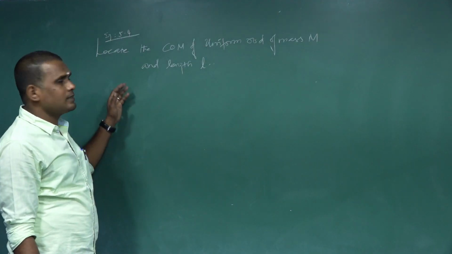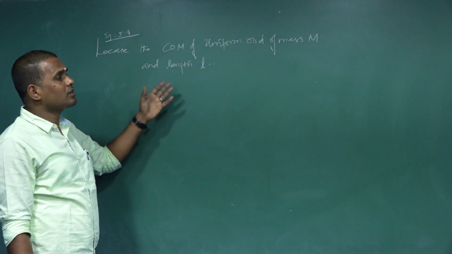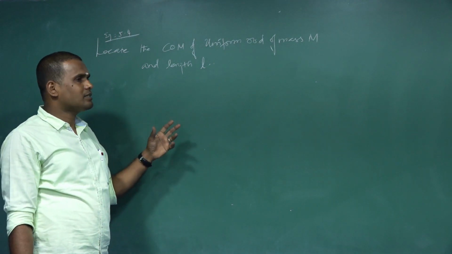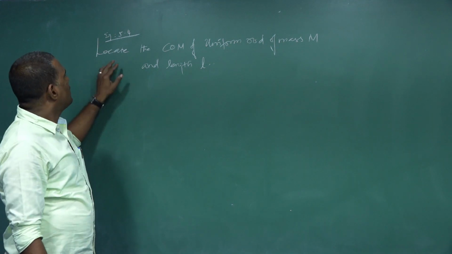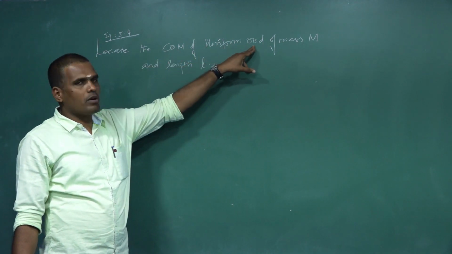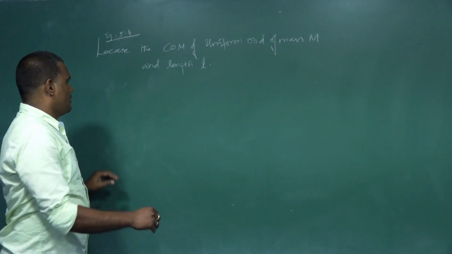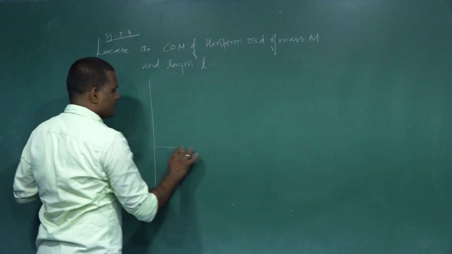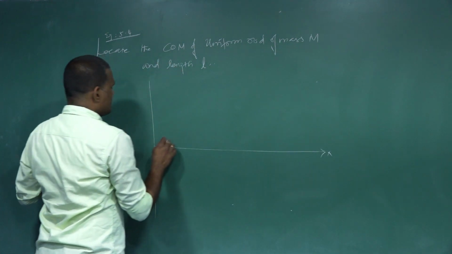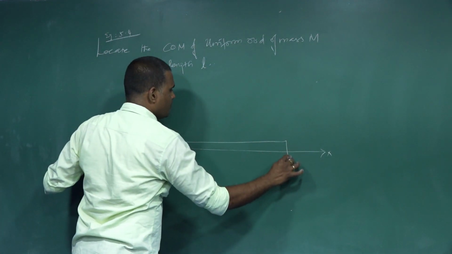Let us now discuss an example problem which is related to the center of mass of a system. Look at the center of mass of a uniform rod of mass M and length L. Now, to calculate this, let us consider a uniform rod.